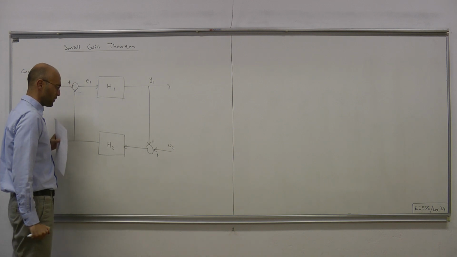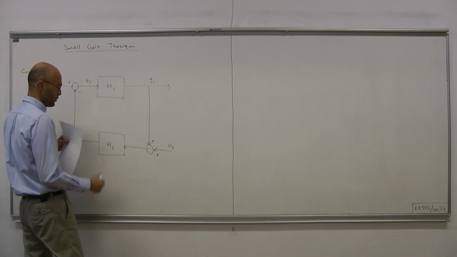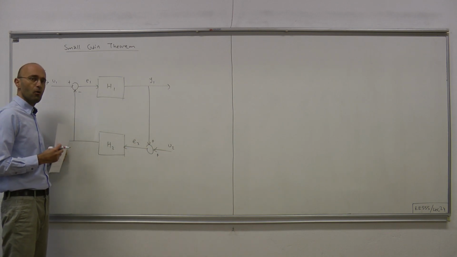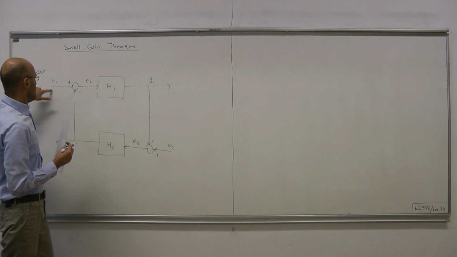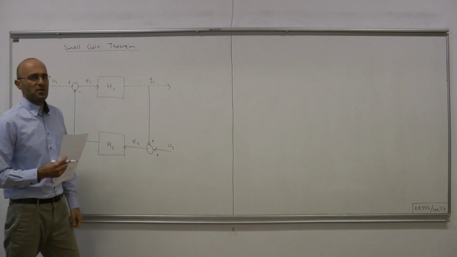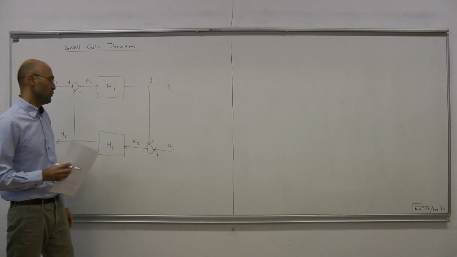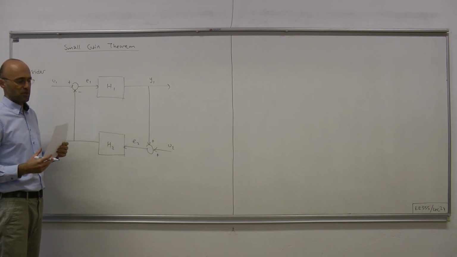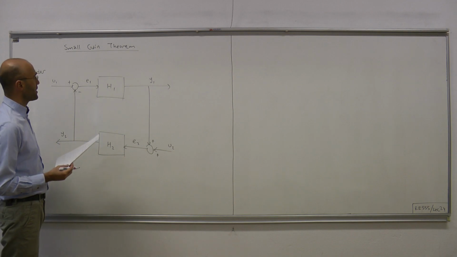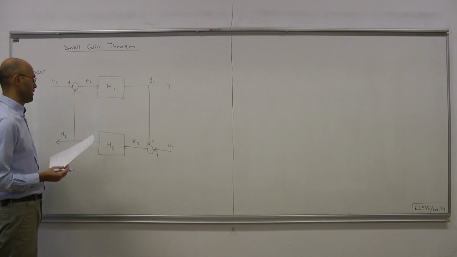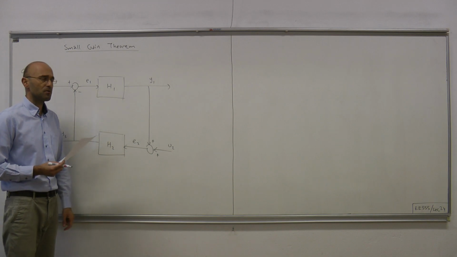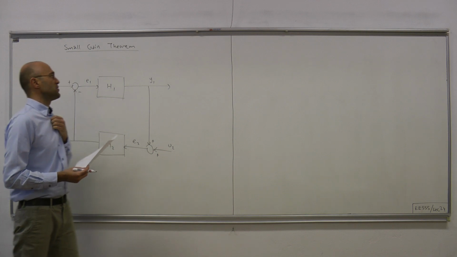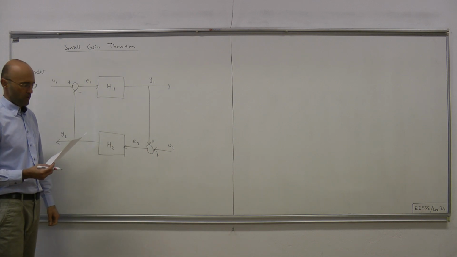And the H2 block represents our second subsystem with input E2 and output Y2. And here U1 and U2 represent the external inputs, or perhaps external disturbances to the overall system if they exist. Now we're going to make certain assumptions regarding this connection, and in the light of those assumptions we will state and then prove the small gain theorem.